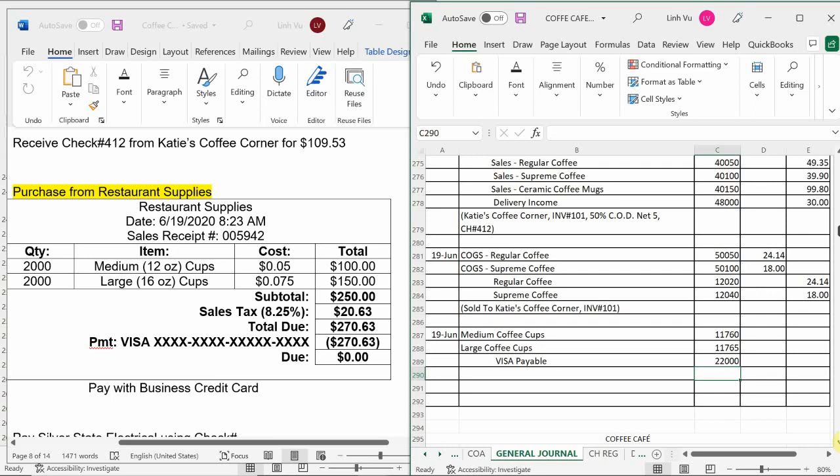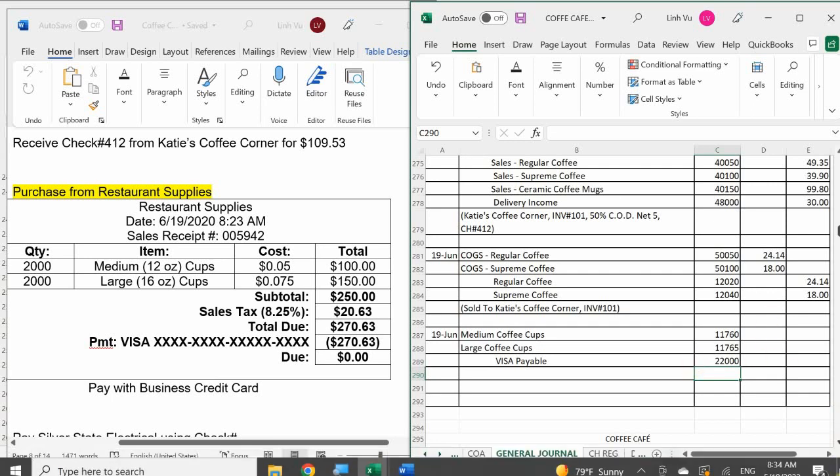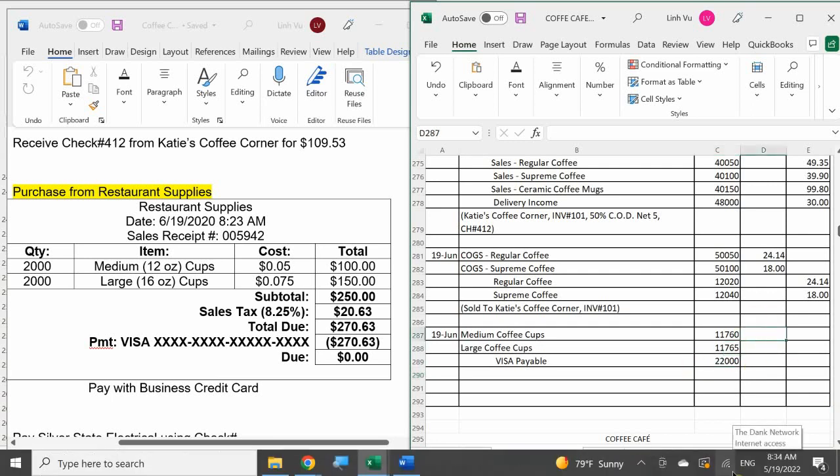So in this case, what is 100 times 8.25%? 8.25. That means it's going to be 108.25.